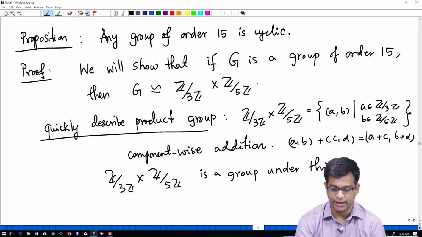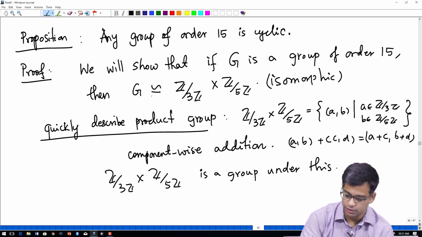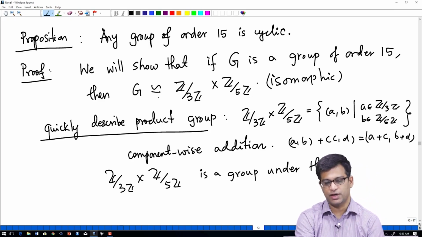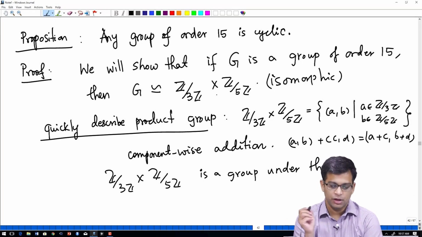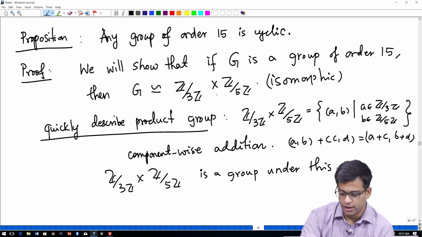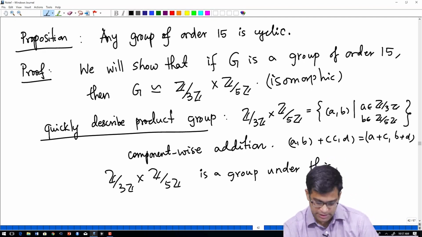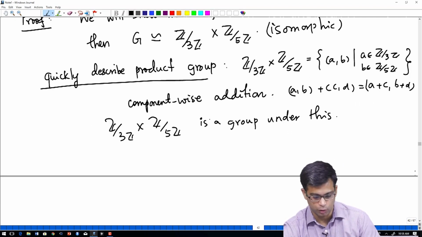So I am going to say that any group of order 15, this symbol stands for isomorphism, is isomorphic to this. Remember that there is always a group of any given order, namely a cyclic group of that order. So this statement applies to that cyclic group also. So every group is isomorphic to this, hence to the cyclic group.